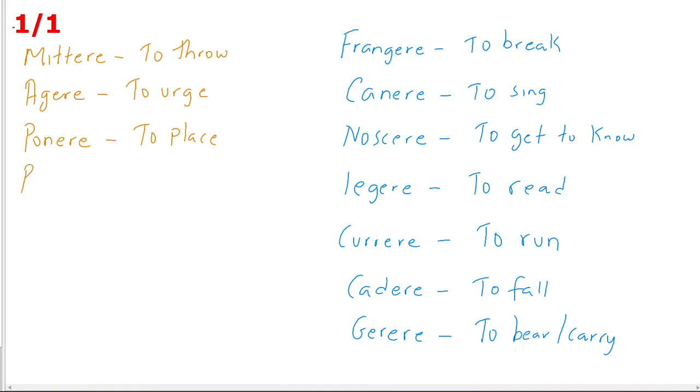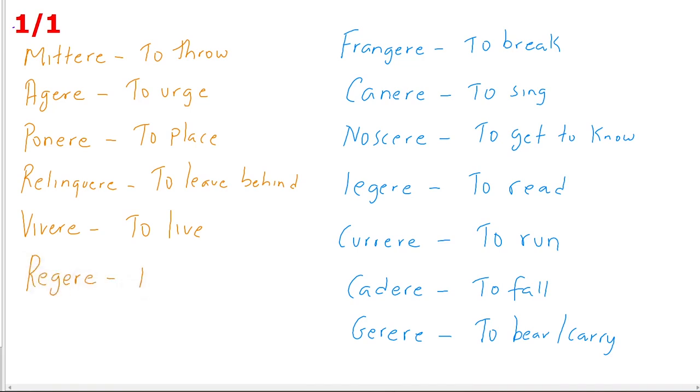Then you have relinquere, to leave behind. Then you have vivere, to live. Regere, to rule.